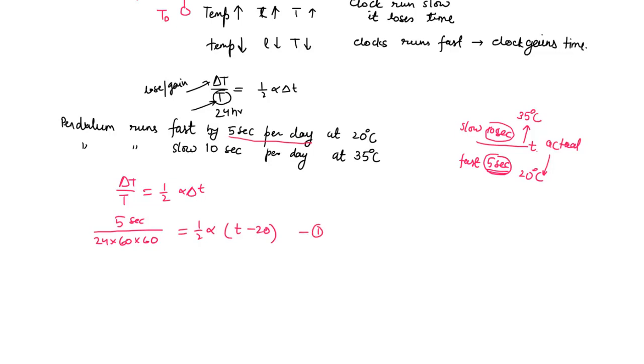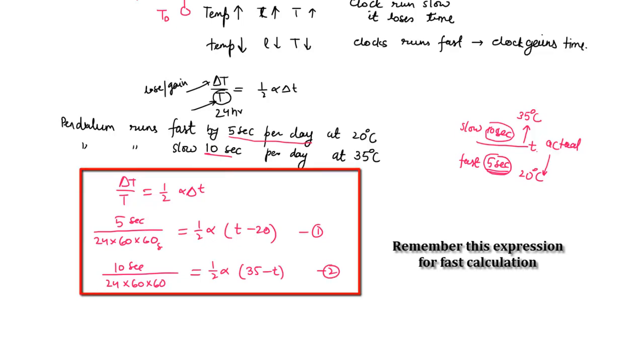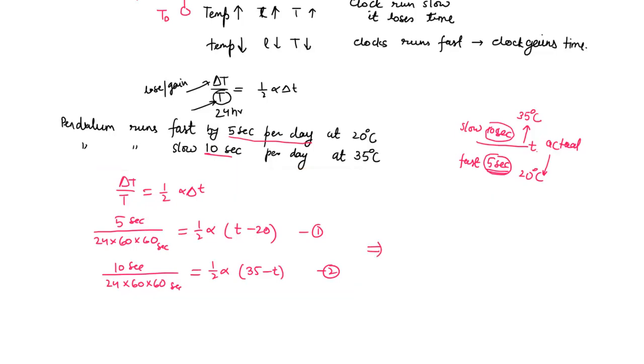This is equation number 1, and the other one is it lost 10 seconds, so we can have 10 seconds upon 24 into 60 into 60 equal to half alpha times 35 minus t. So this is equation number 2. Dividing these two equations, 5 seconds and 10 seconds give a 1 by 2 ratio, and the rest cancels.